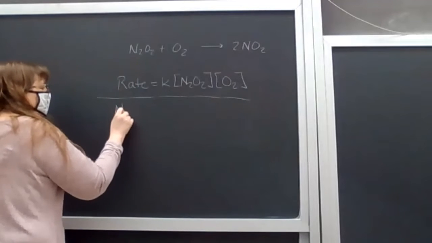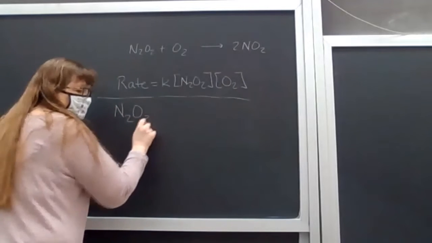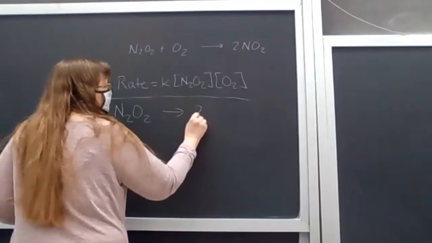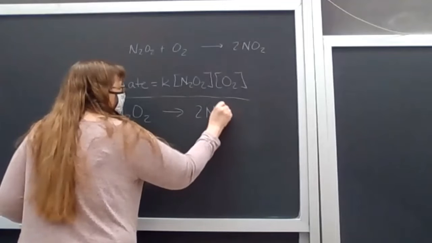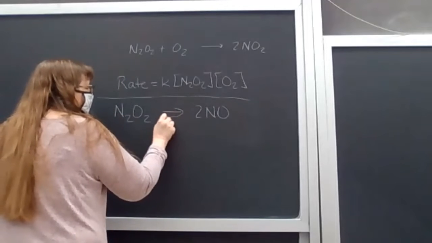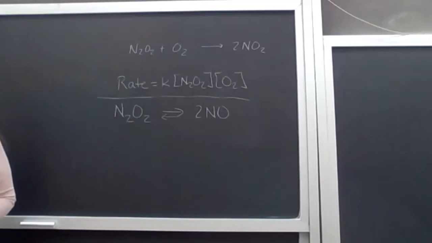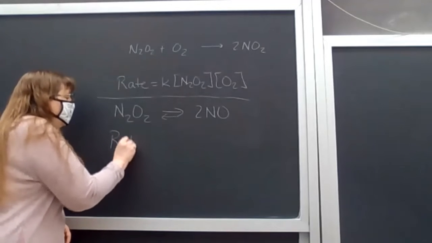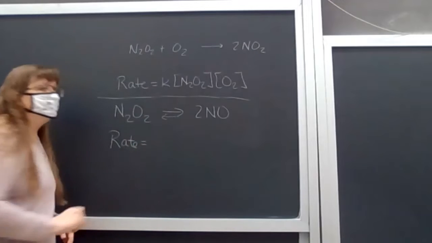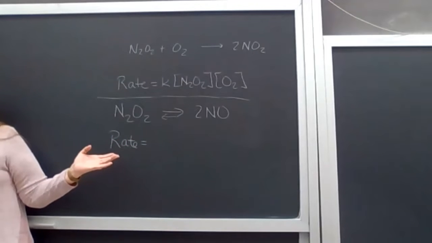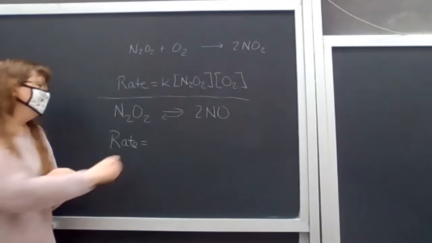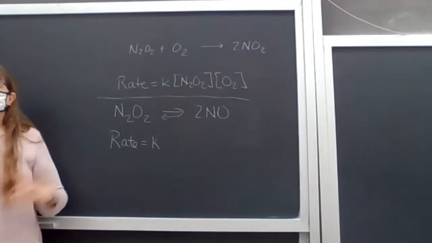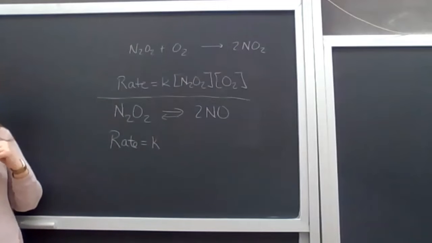If I turn that reaction around, it's N2O2 gives me 2 NO. So the rate law will be rate is equal to k, it's the first thing I always put for a rate law, okay? And they label that as k-1 because it's the reverse of step 1, but it doesn't matter how we label it, it's just a k.